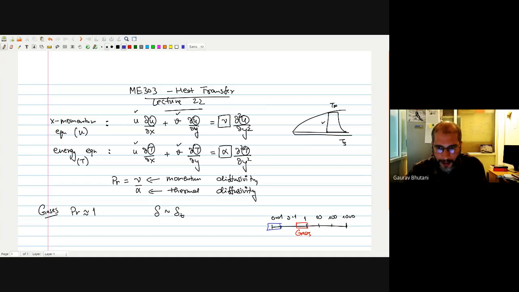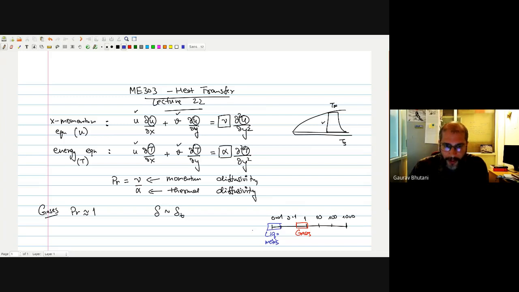So in this region, what it means is that my thermal diffusivity is much larger in magnitude as compared to the momentum diffusivity. So an example for this could be liquid metals. So liquid metals allow a very large thermal diffusivity as compared to the momentum diffusivity.